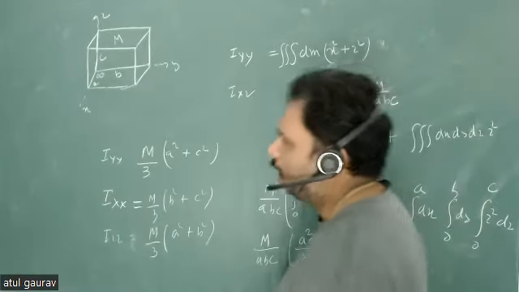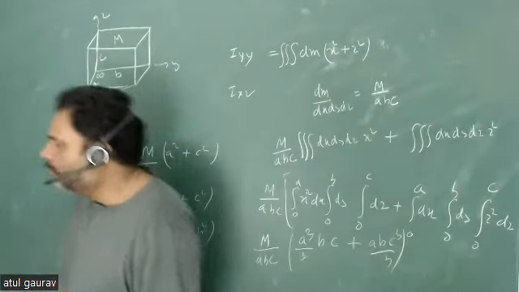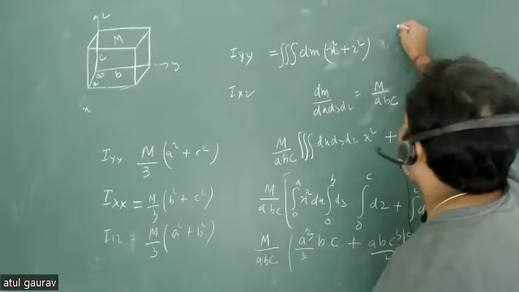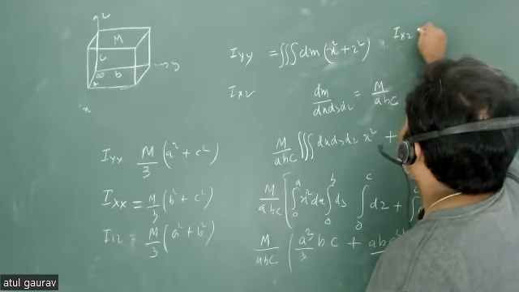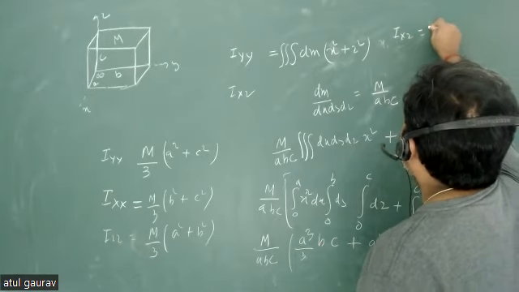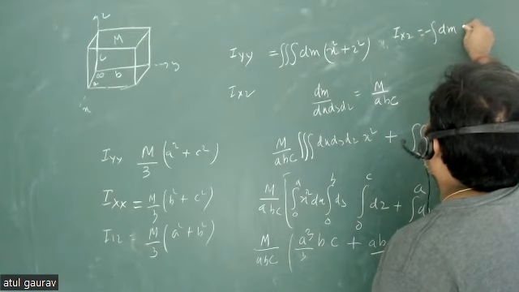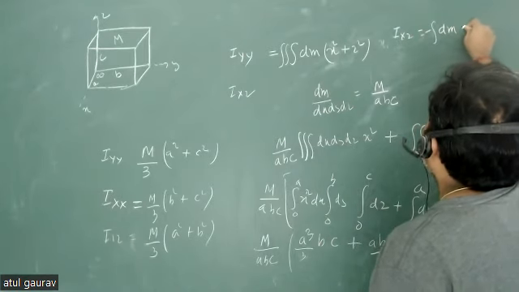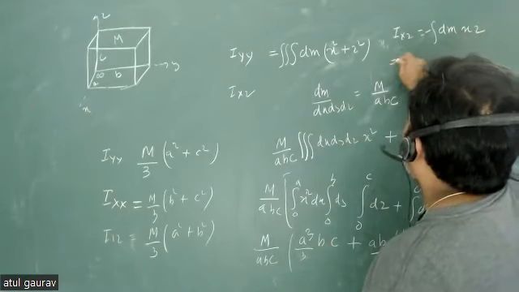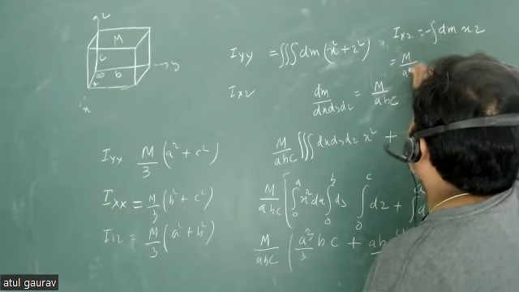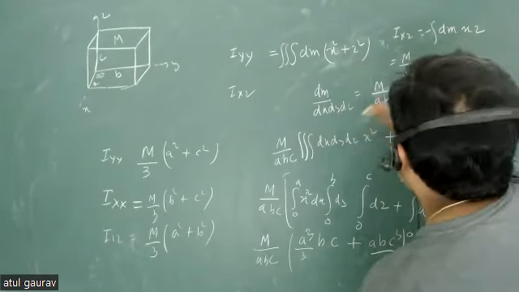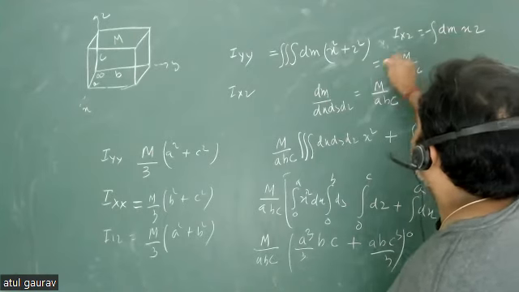Now let's calculate Ixz. So when we calculate, I can use this space. Ixz, what will be this one? Minus sign will be there. dm, and what do you have? x into z. So we will just go for M upon ABC, dm we will calculate once. Negative sign will be there.